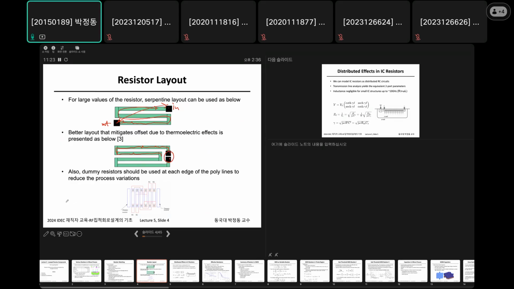Also, more importantly, especially for the resistor layout, we typically need dummy resistors like this. Those are all dummy resistors, as can be seen here. So we have two resistors: R1 is this, and R2 is this.